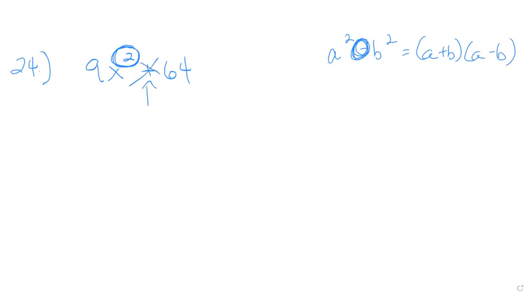No. So what does that tell me? This is not a difference of two squares. This is a sum of two squares. And if you look on your note sheet there, if you have a sum of two squares, it is not factorable. So the answer to this one is actually prime. I can't factor this into real numbers. It doesn't work.